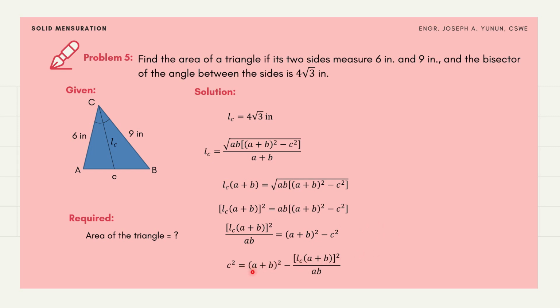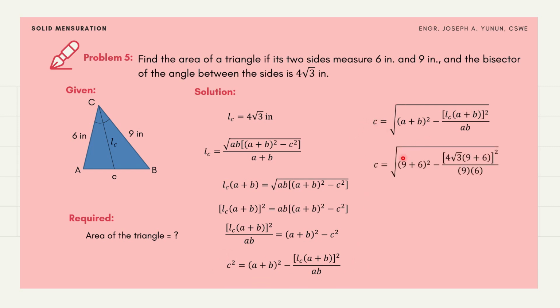equation. Okay, so substituting all the givens, then taking the square root of both sides. You have this equation, then substituting all the given values, you have a and b, and then square root of 3 for the angle bisector by 6, then product a and b.